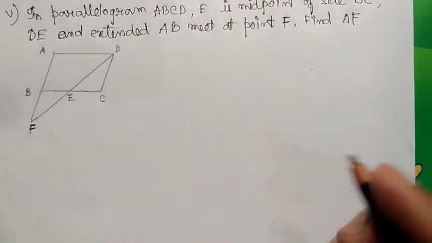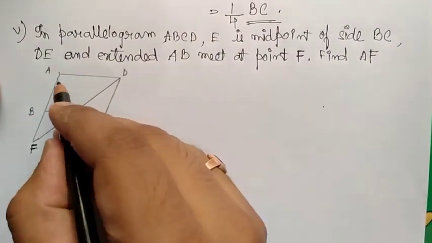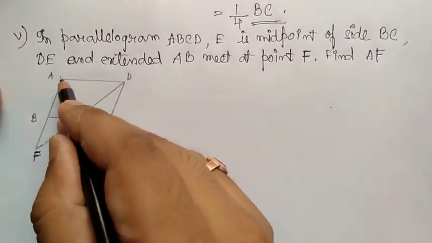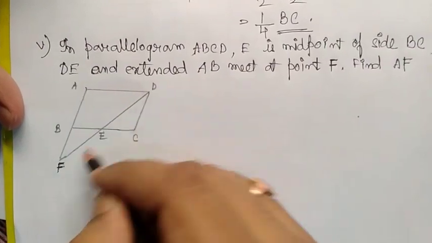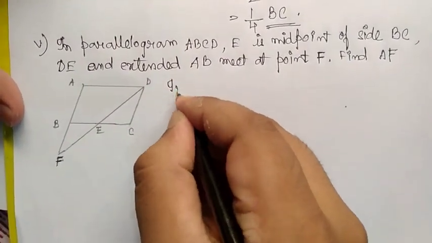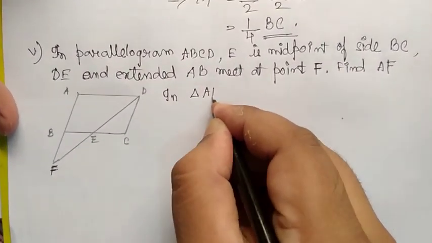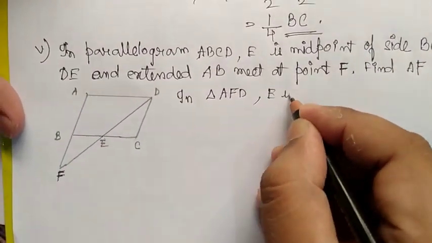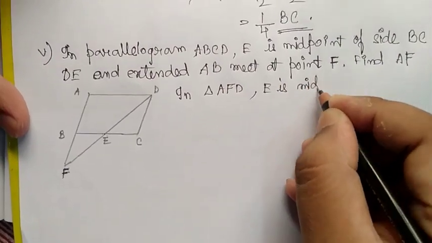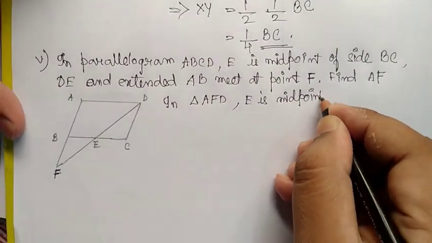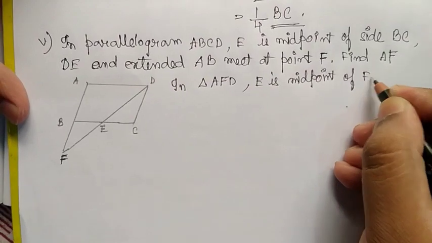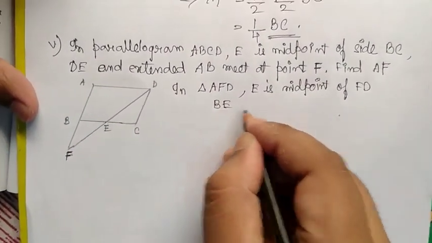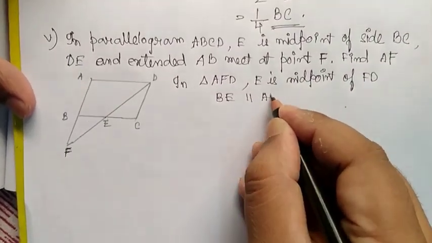Now here, if we see this is a triangle AFD. In triangle AFD, E is the midpoint of FD and BE is parallel to AD.